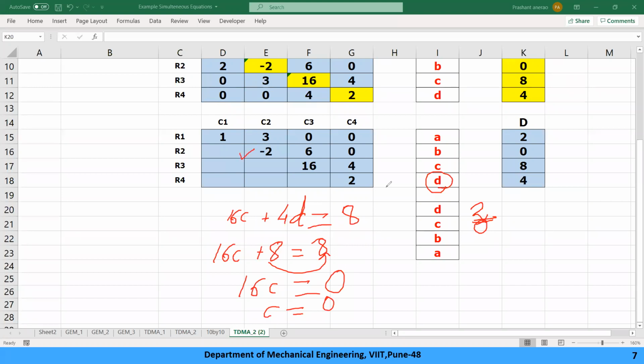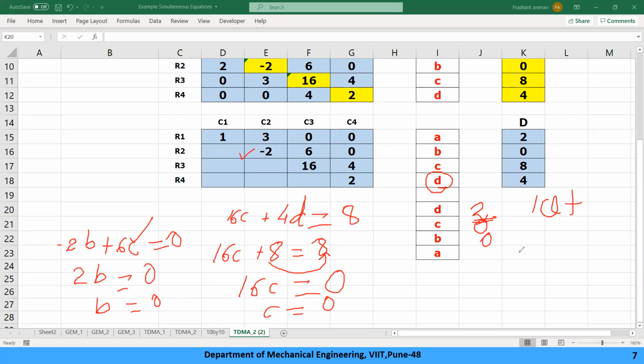Now B. Again for B we do back substitution, so minus 2B plus 6C will be equal to 0. We know C is nothing but 0. So we have 2B equal to 0, which means B is also 0. B is also 0. Let's check A. 1A plus 3B is equal to 2, and B is 0.